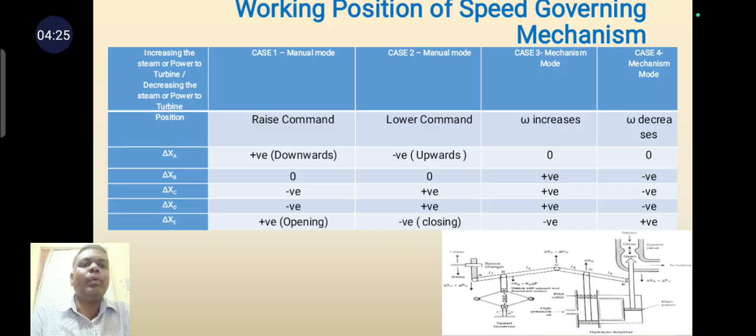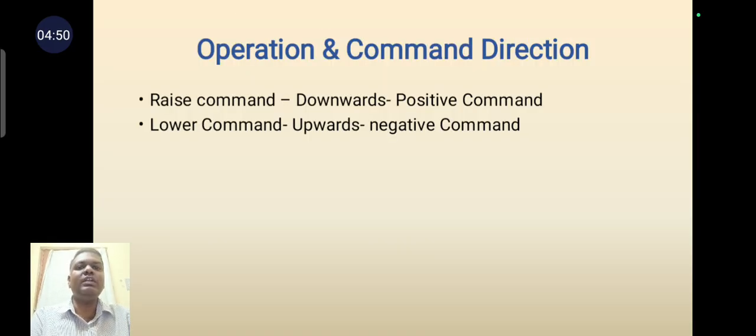Next, at point B, there is no operation, because only the flyball sensing the speed of the turbine would operate it. If point A comes downward, then point C goes to the upward position. Upward means negative, because we know upward means negative.